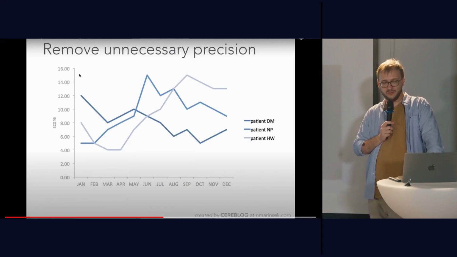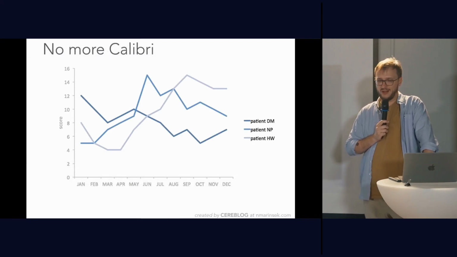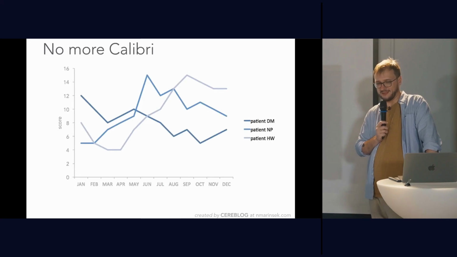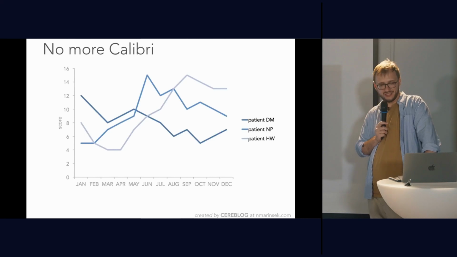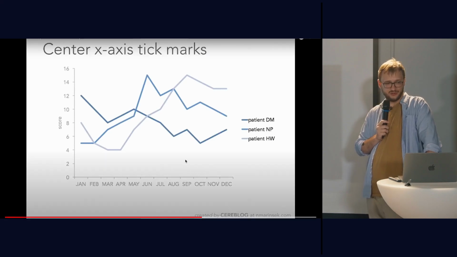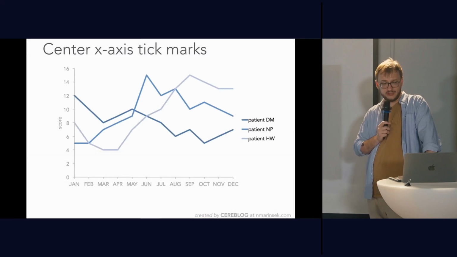For example, nobody is going to care about something like 12.00. We don't need this one, we can erase it, and then we have a clear chart. No more Calibri. To be honest, I don't know what the author of this video's relationship with Calibri is, but he for sure doesn't like it. Let's assume it's a bad font, but I'm not sure.